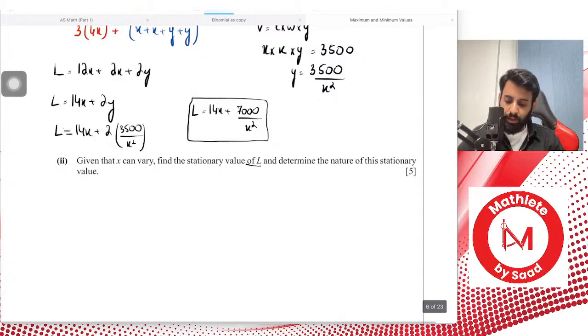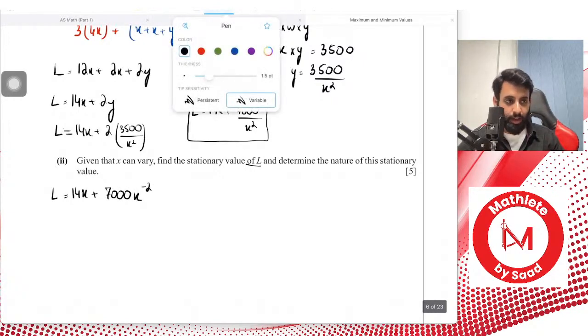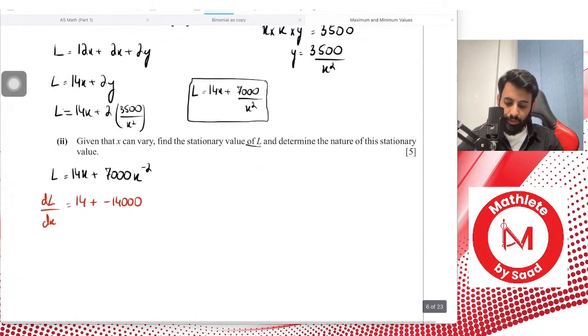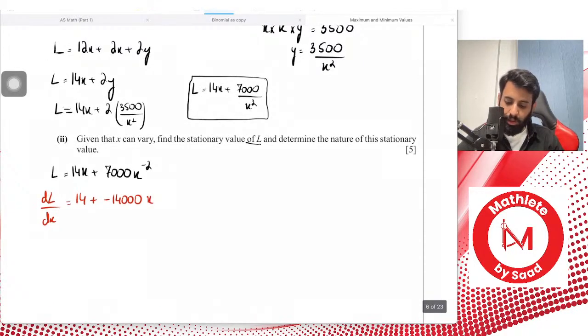Yep, we're going to differentiate it and set it equal to 0. So L equals 14x plus 7,000 x to the power minus 2. So remember, I haven't differentiated it yet. I've just made it differentiation ready, and now I'm actually going to differentiate it. So dL upon dx is 14 plus minus 14,000, because that's what minus 2 into 7,000 is, x to the power minus 3.